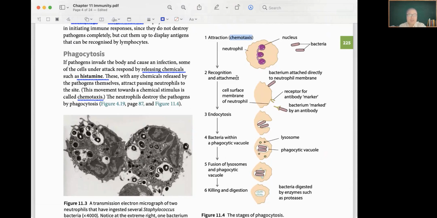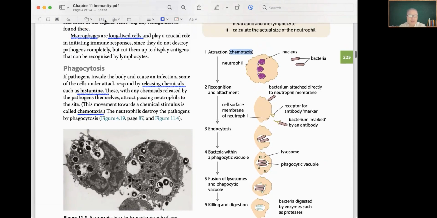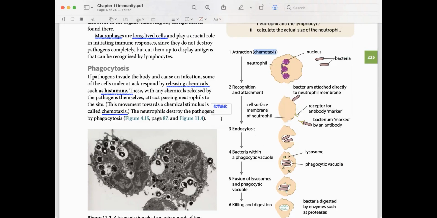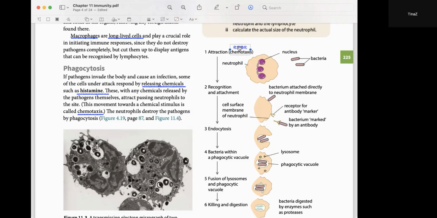This moment is called chemotaxis. In Chinese, 化学趋化. I would like to write them down. Chemotaxis, 化学趋化. So the movement towards a chemical stimulus or foreign pathogens, virus, bacteria, is called chemotaxis.